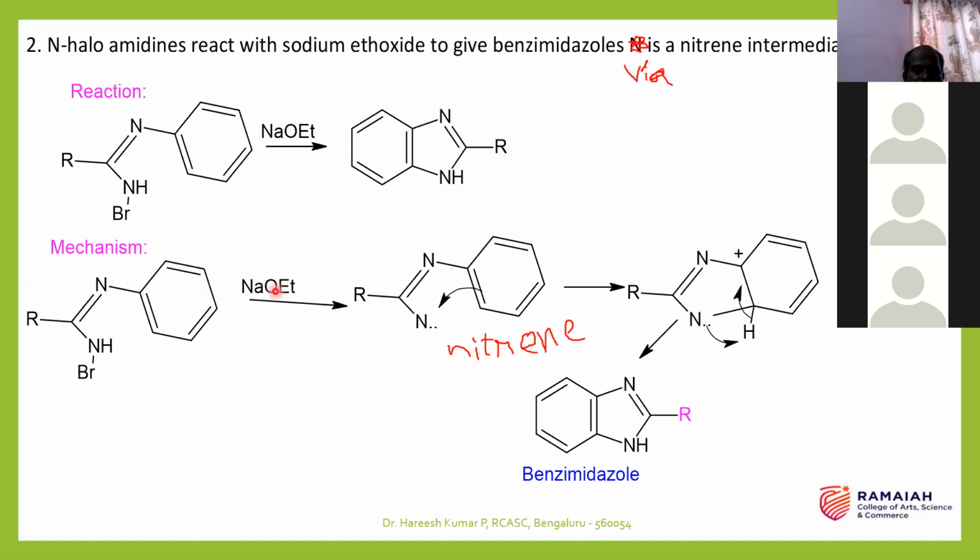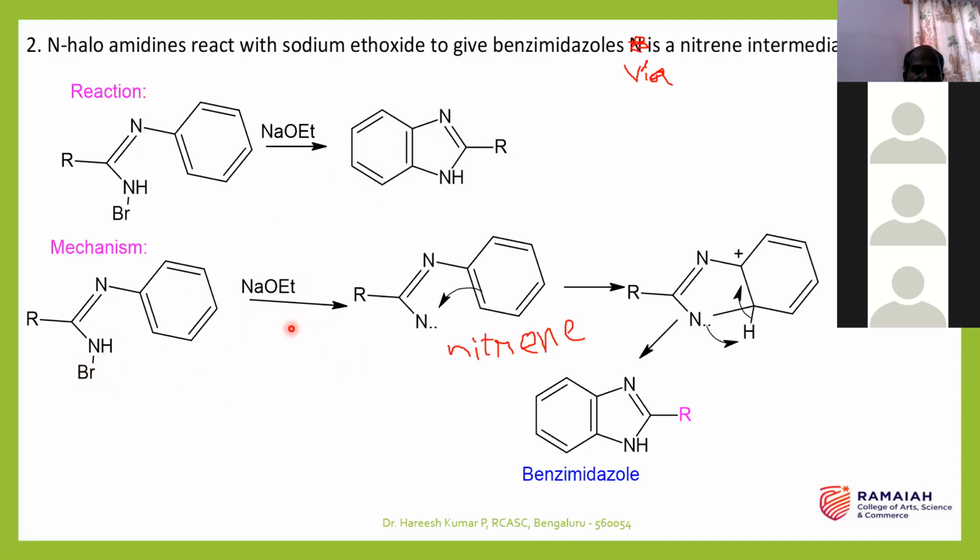Here sodium methoxide takes out this Br plus, leaving behind the bonded pair there. Then of course this also will go out, HBr will go out here.